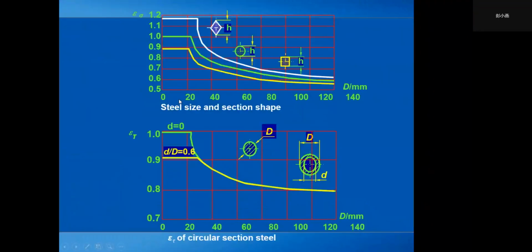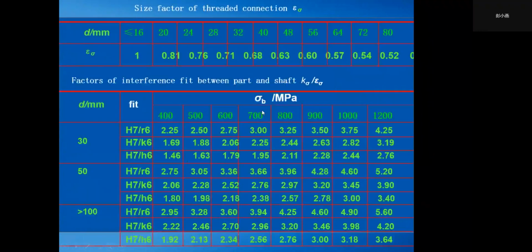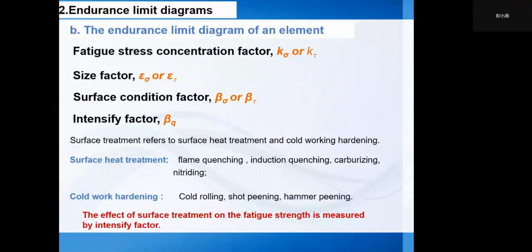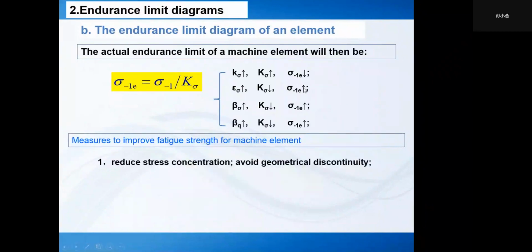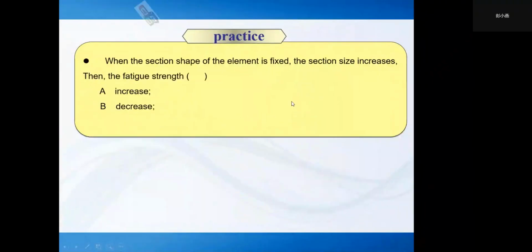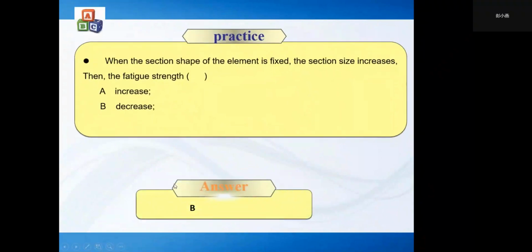As the size increases, the size factor epsilon sigma will decrease. If this factor decreases, the endurance limit will also decrease. So the answer is B.